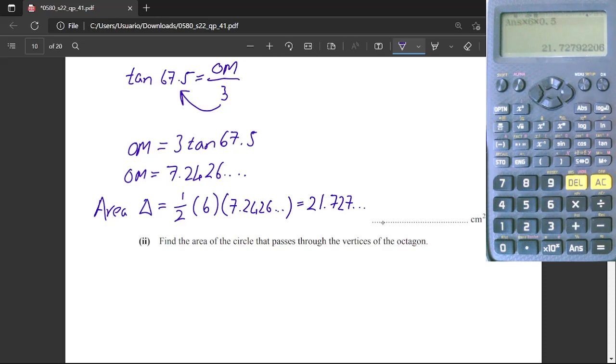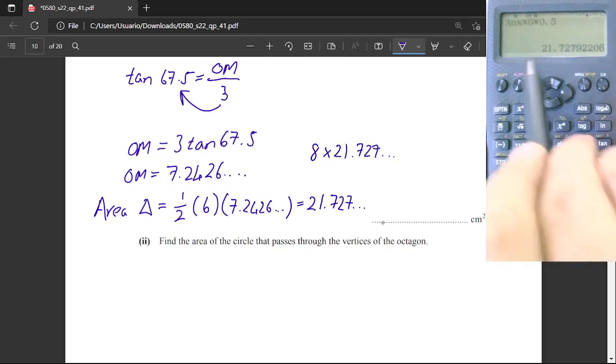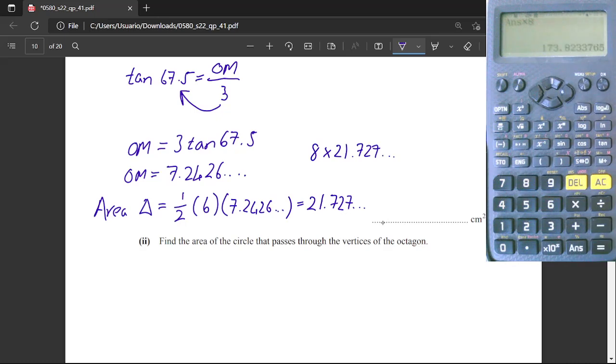How many of these triangles fits into the octagon? 8, of course, so we take that number and multiply it by 8, which gives us a nice 173.82. And now on our final answer, we can round it to 3 significant figures, 174 centimeters squared.